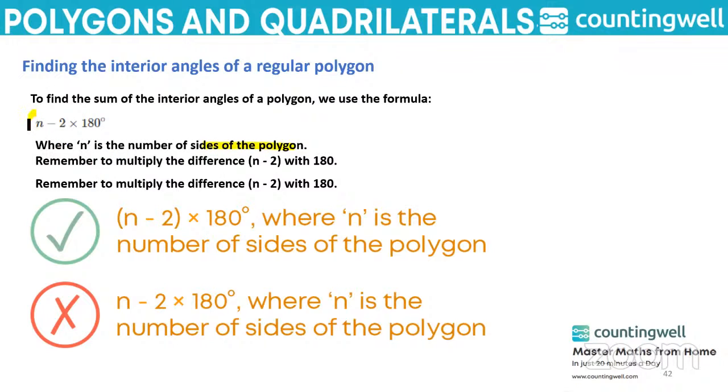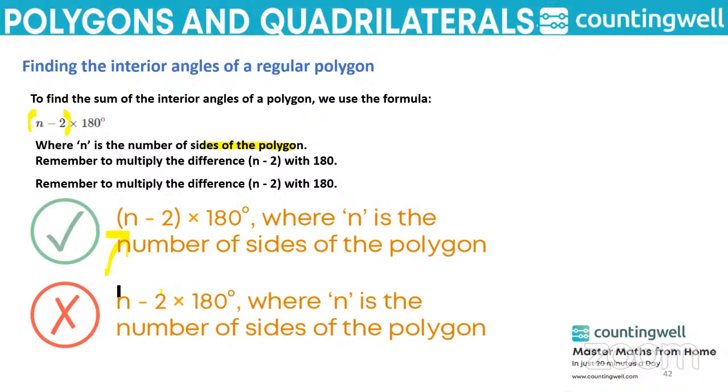Remember to multiply the difference n minus 2 with 180. So here you can see (n minus 2) into 180, where n is the number of sides of the polygon. In the second case, the student has missed the bracket sign here. So he has done n minus 2 into 180 degrees.